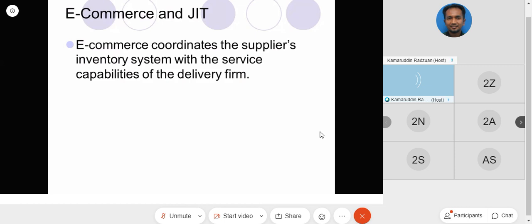With e-commerce we coordinate all the suppliers under the just-in-time program to synchronize, especially the transportation aspect, when we do the consolidating of the supply of the material components to the manufacturer.